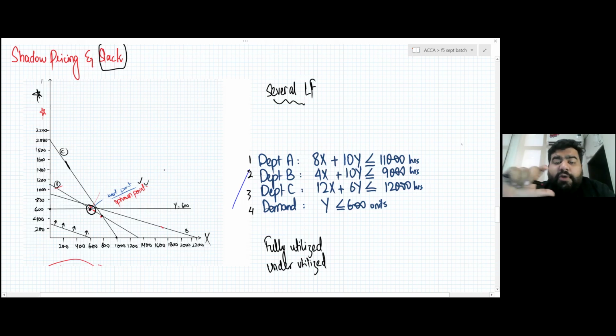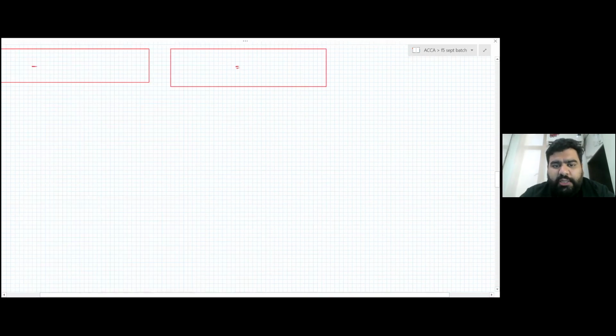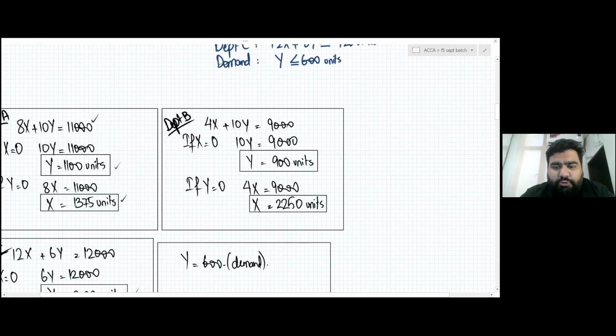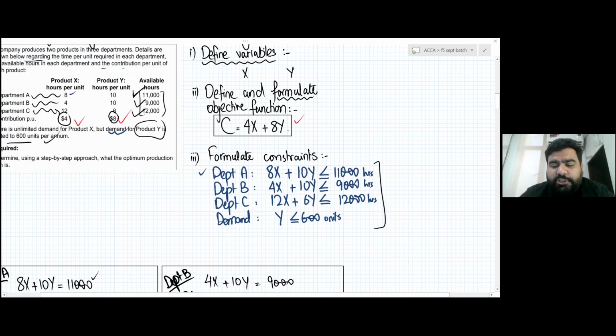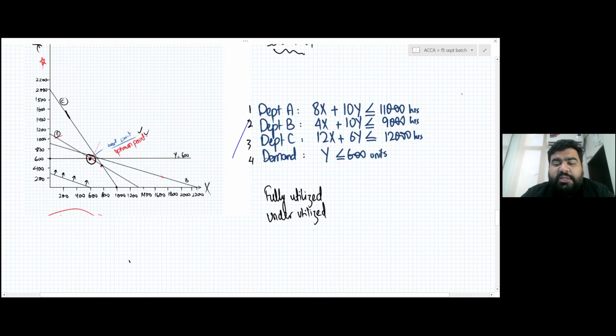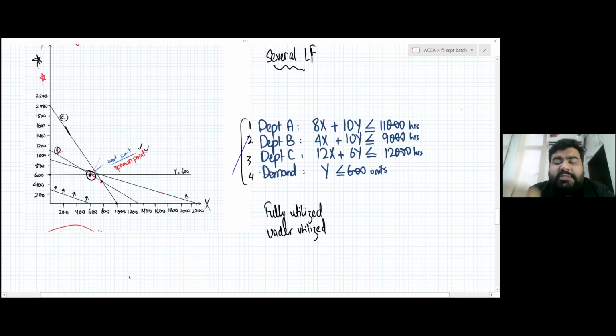If you remember, we made four equations for the constraints. Let me show you from the last class where we formulated these constraints; I've written them down here. These are the four constraints that were in the question. Now, at the optimum point, we have only two equations. The first equation is y is equal to 600.